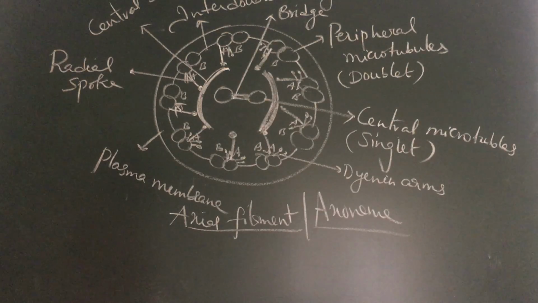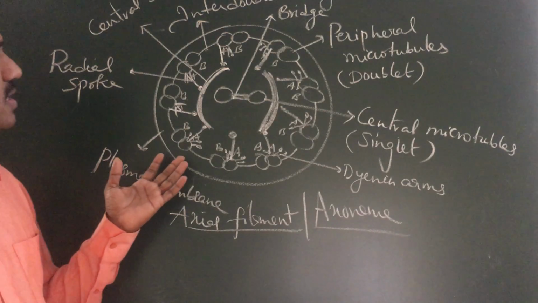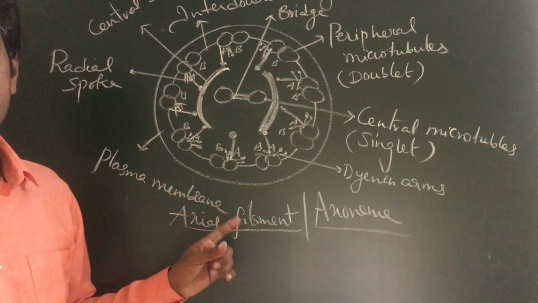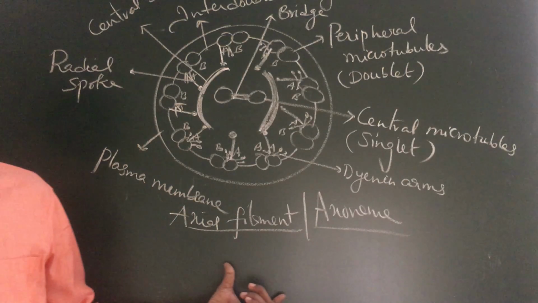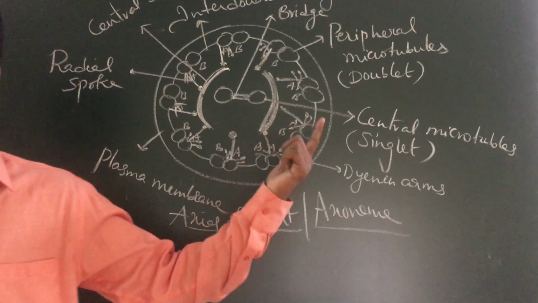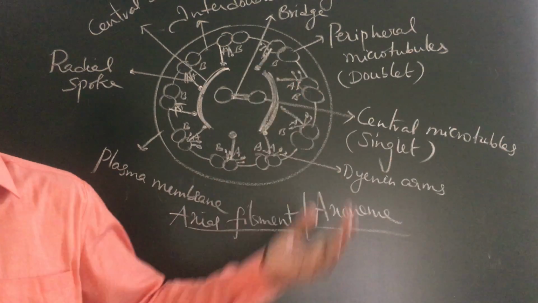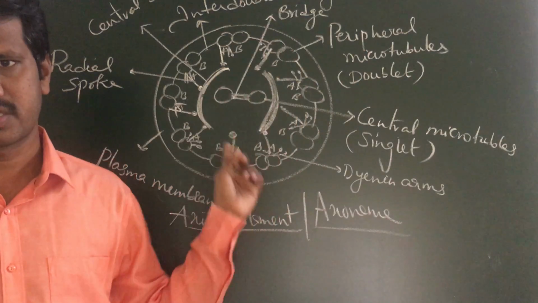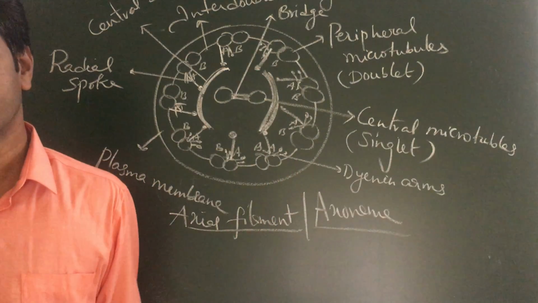As per the structure, this is about the cilia and flagella. That is what we call the axoneme or axial filament. If you take one flagellum and cut it, you see inside the cross section. This is the thing.